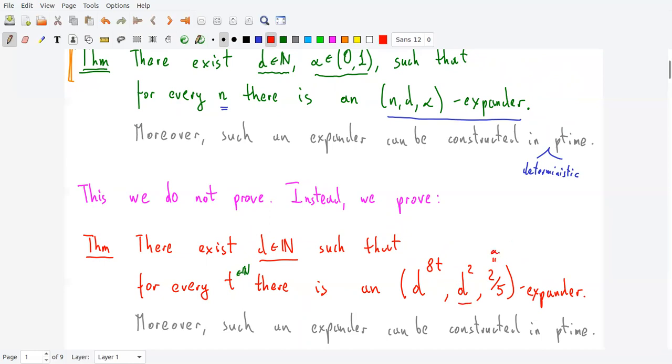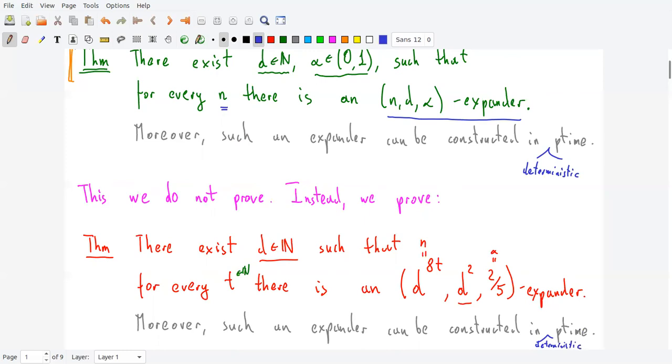So it will be significantly smaller than 1. And the number of vertices n is equal to d to the power 8t. And moreover, such expanders can be constructed in polynomial time, and more precisely in deterministic time.